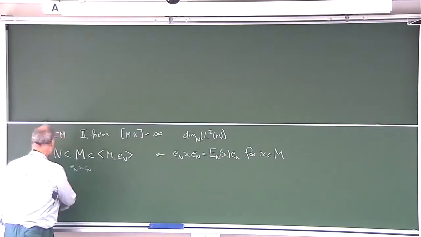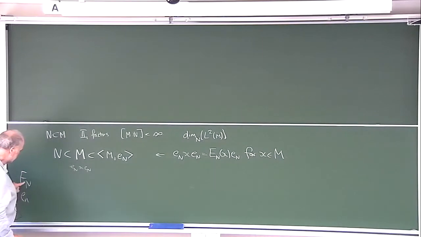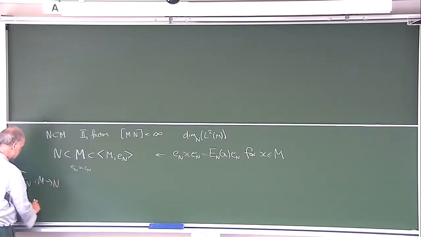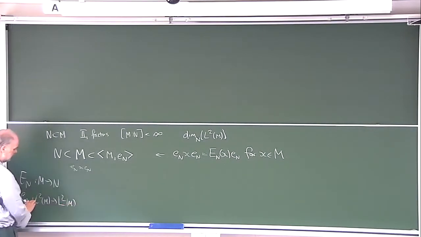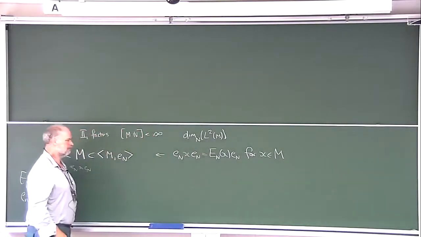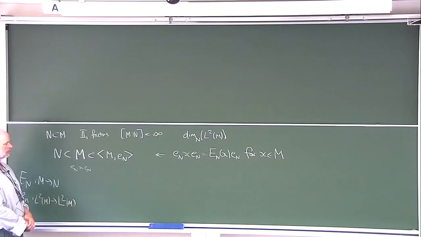Remember that big E_N and little e_N are basically the same thing. This one is thought of as going from M to N, and this one is going from L2 of M to L2 of M, projecting onto L2 of N. So this is a bit of a tautology, but it's a rather important tautology.